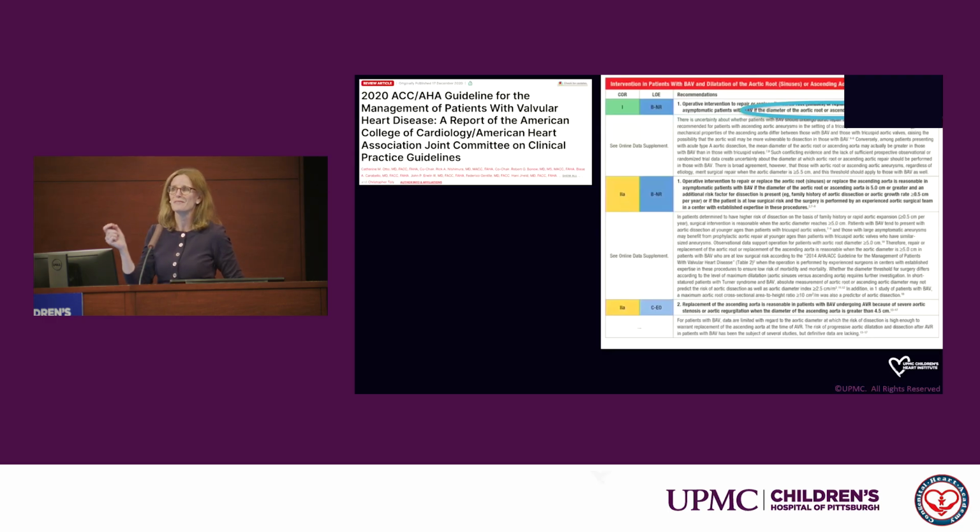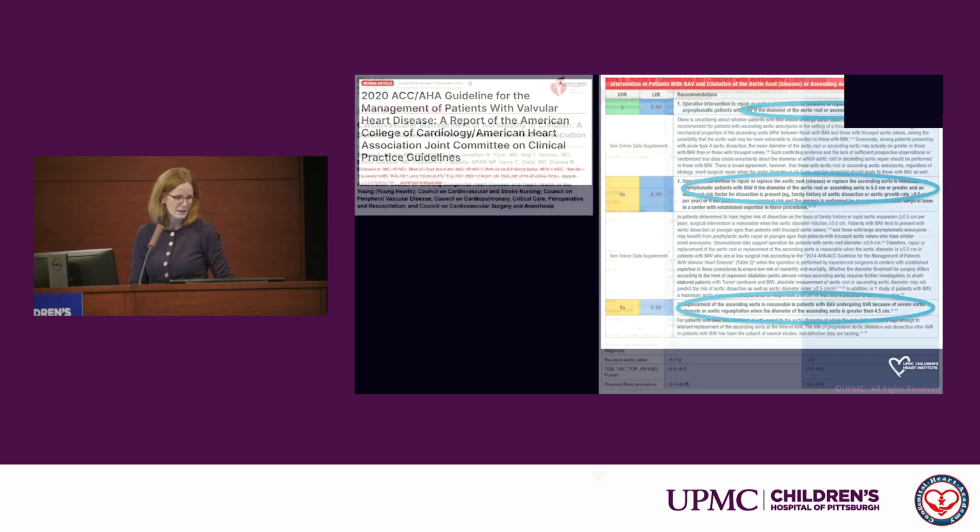And so if it's greater than 5.5, you appropriately sign that patient up for some operative management of their aortic root. And then if there are other risk factors or other genetic predisposing conditions that would make that a higher risk aortic root, the number falls from there, to 5 and 4.5. This is just from this guideline.